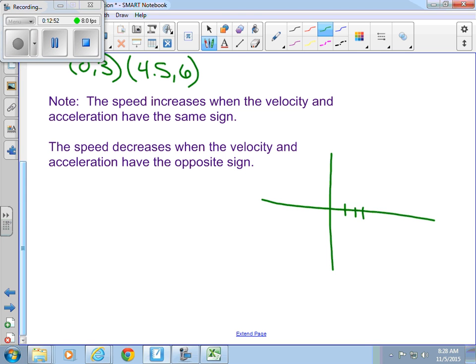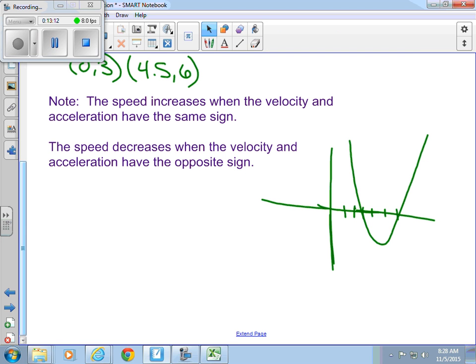Remember our velocity curve looks like that, right? That's my velocity curve. My speed curve, those of you in physics will know this, but speed is the absolute value of velocity. Does that make sense to even those of you who aren't physics people?